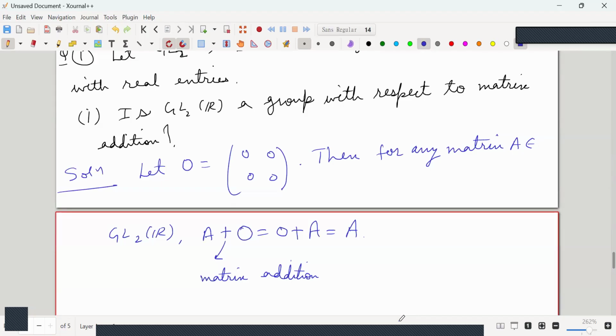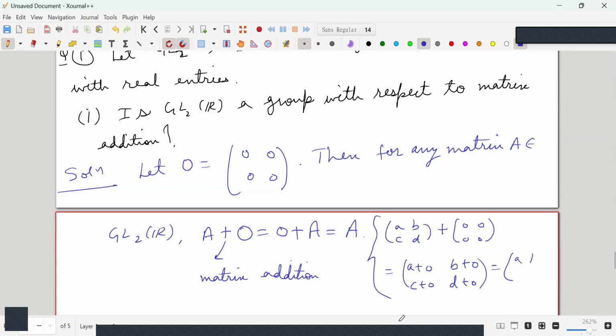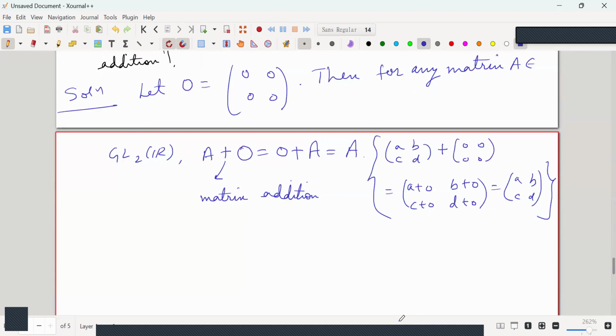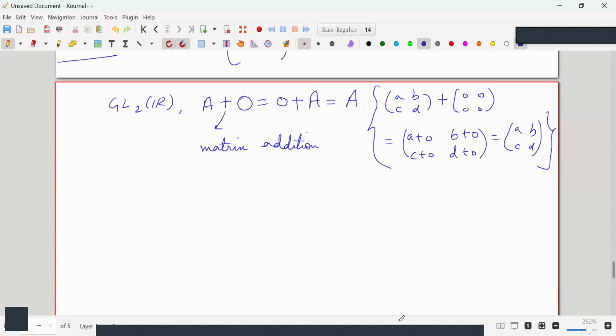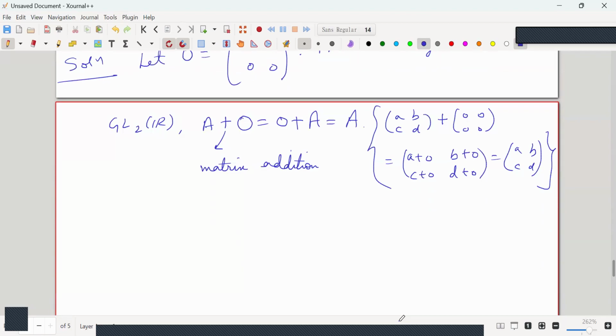Because you are adding, so you can simply see this. It's a trivial observation. And this will be just A plus 0, B plus 0, C plus 0, D plus 0, and again you will get A, B, C, D. So it's a trivial observation that this matrix satisfies the role of the identity for this matrix addition. Now, what about inverse?